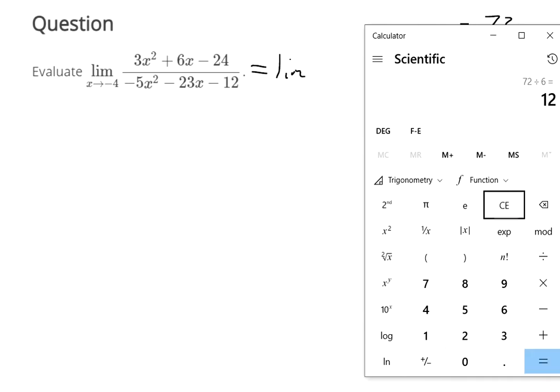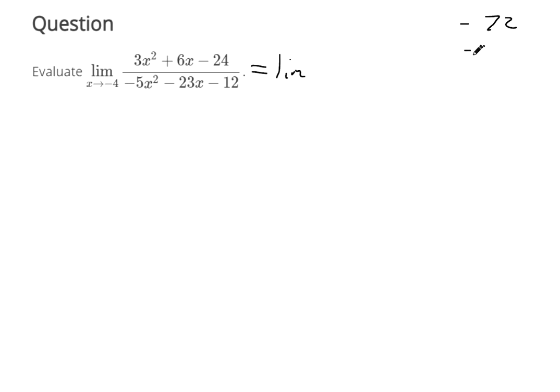How about negative 6 and 12? Because negative 6 times 12 makes negative 72. Negative 6 plus 12 makes positive 6. So the numerator becomes 3x squared minus 6x plus 12x minus 24.